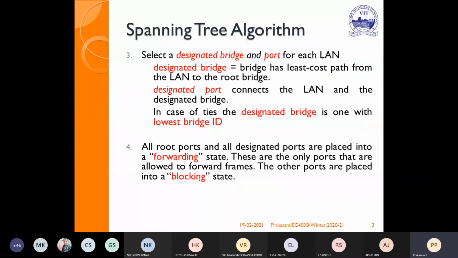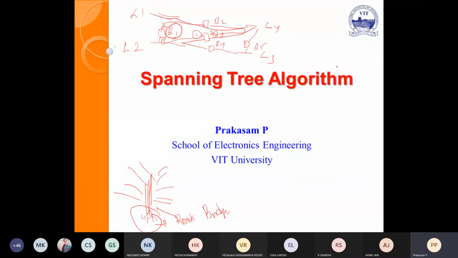Then the third step: select the designated bridge and port for each and every LAN. First step, you have to identify the root bridge, which has the lowest bridge ID. Second step, you should find the path which connects the other bridges with the root bridge.